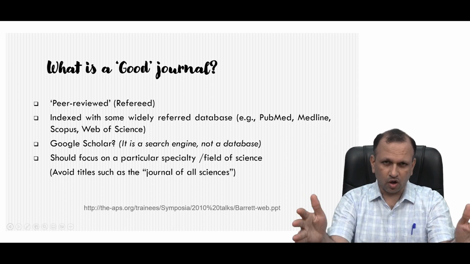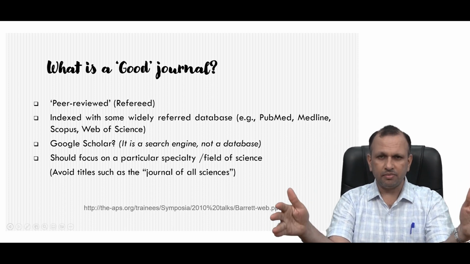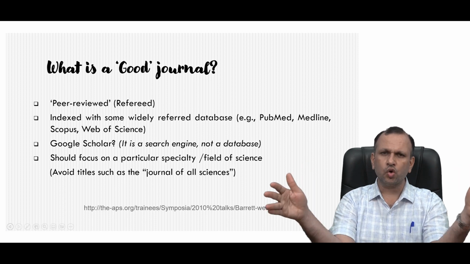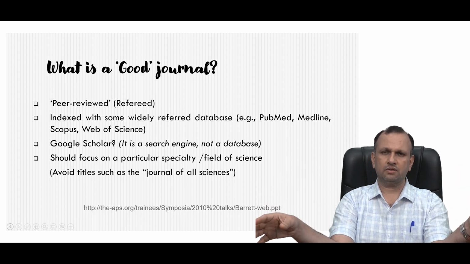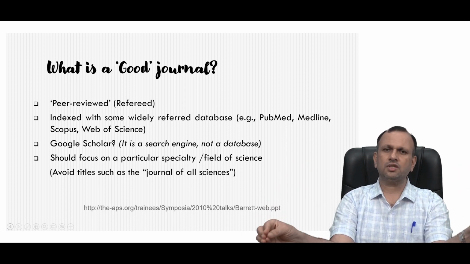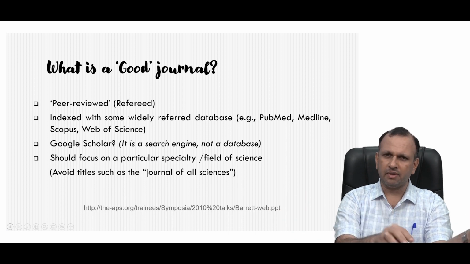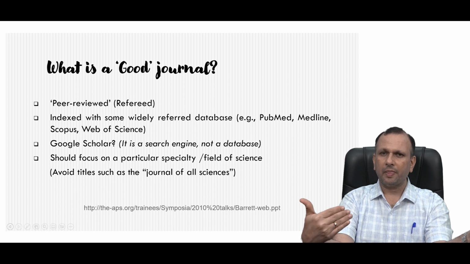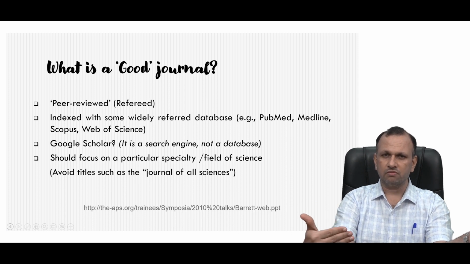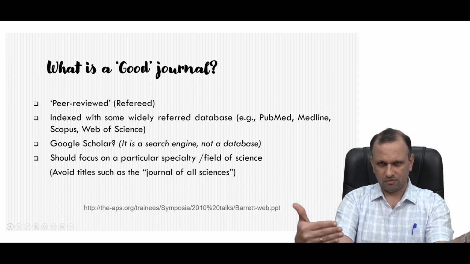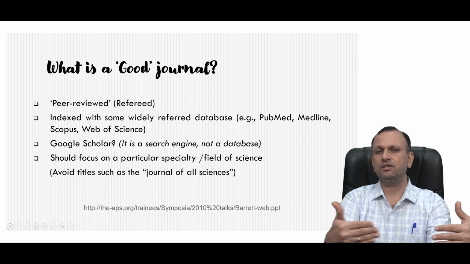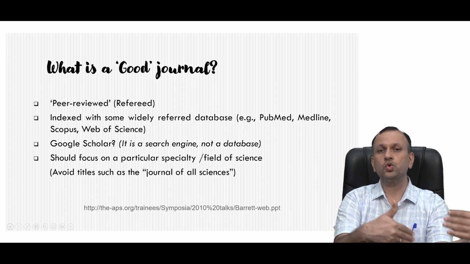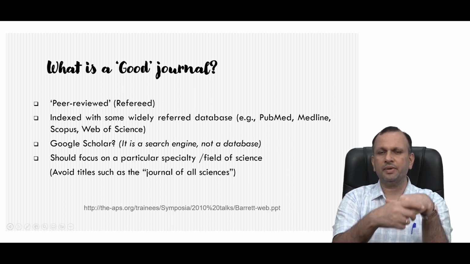Under scholarly literature, it is a huge, diverse group of journals. Some of them are good, some of them are bad, some of them are very, very bad. You have to develop this discretion, the ability to understand which one is a good, reputed journal, which is not so good a journal, and which is a predatory journal or pseudo journal, a new term that is coming up.